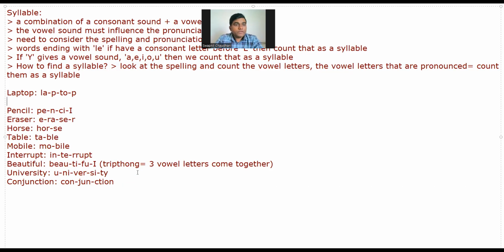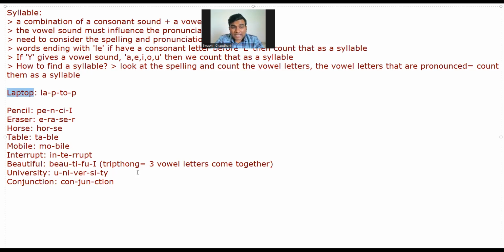Okay, people. So that is our first word, laptop. Simple. We all know this very frequently used word. Now you need to see how many vowel letters there are. We have one vowel letter over here, la, and then two, right? So two vowel letters, and are they both pronounced?